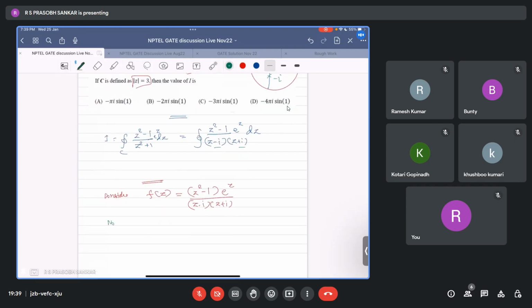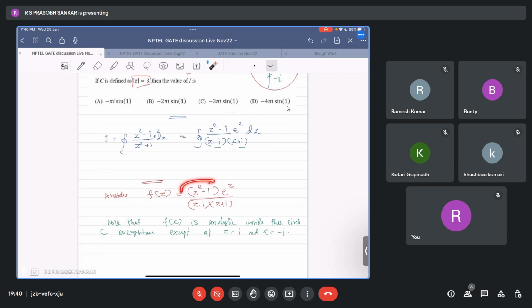Now what we can note is that f of z is analytic inside the circle C everywhere except at z equal to i and z equal to minus i.